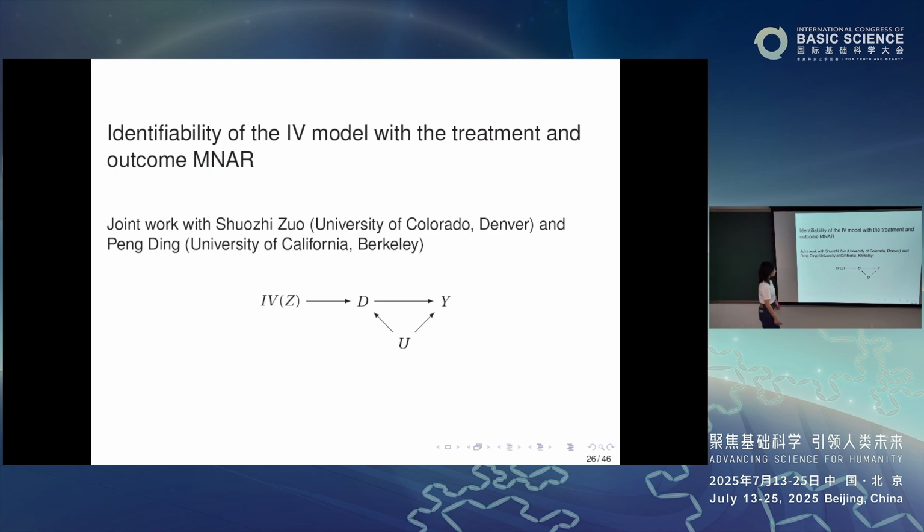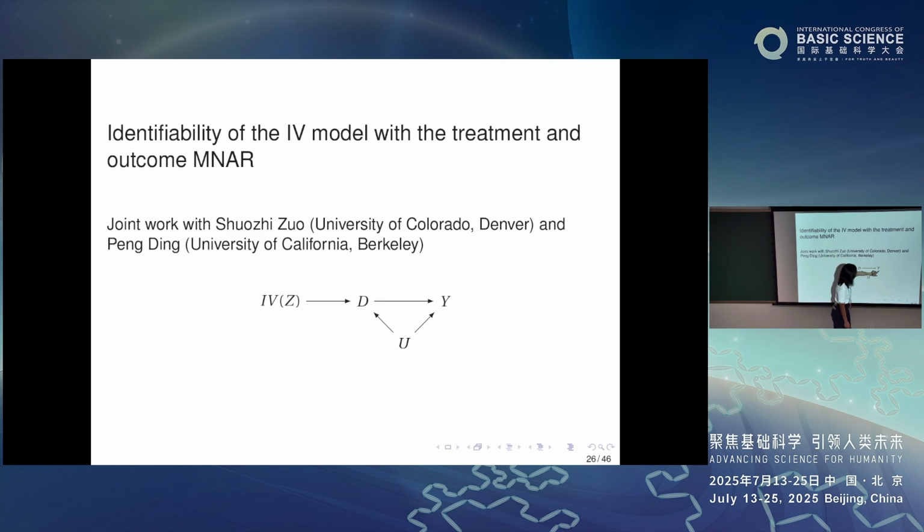And further, this is much more complicated than a standard problem, because under the IV setup, you have this unmeasured confounder U. You can imagine the unmeasured confounder U may also have an impact on whether or not people decide to report. And therefore there is more than one source of non-ignorable missingness, or missing not at random.